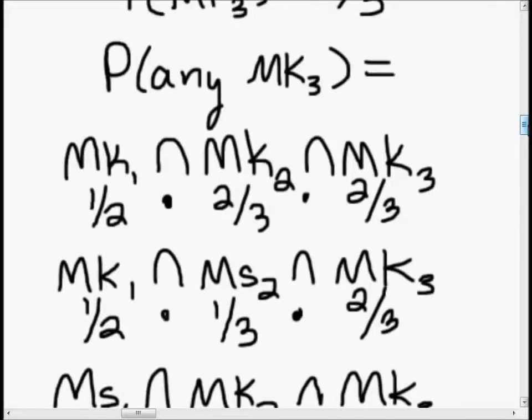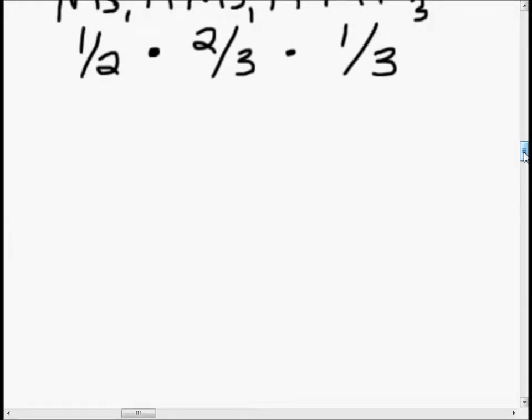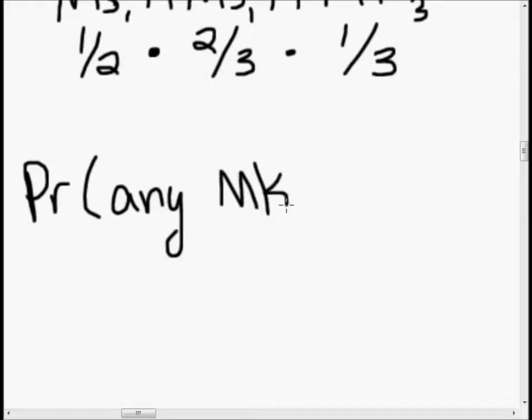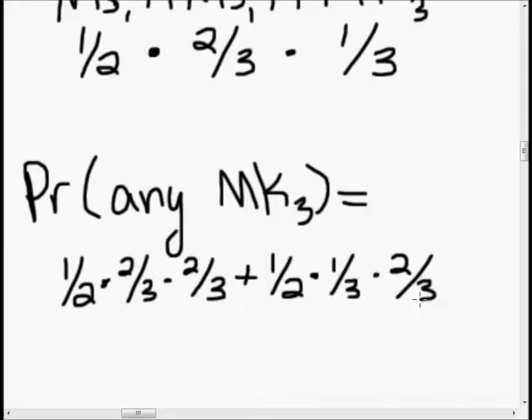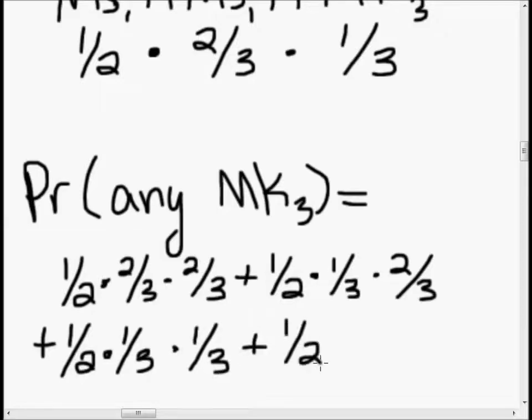Instead of doing them here, I'm going to do them down here. So we have the probability that any third shot is made is equal to 1/2 times 2/3 times 2/3, plus 1/2 times 1/3 times 2/3, plus 1/2 times 1/3 times 1/3, plus 1/2 times 2/3 times 1/3.